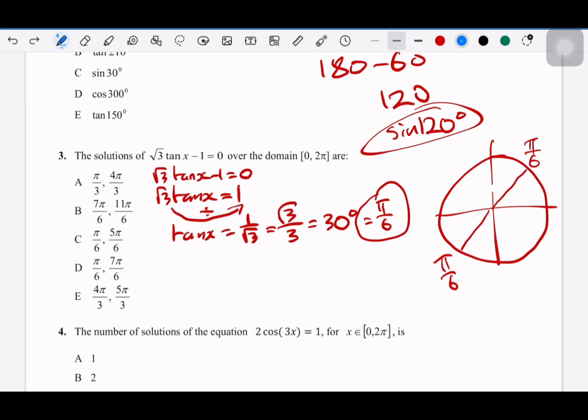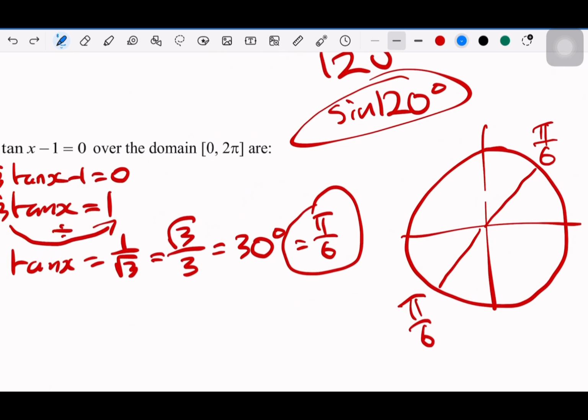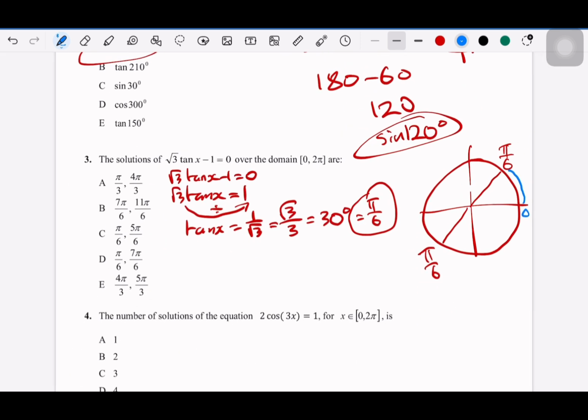You start here from 0 and you go all the way to the positive side, anti-clockwise, until you reach pi on 6. When you reach pi on 6, basically it's saying x equals 0 plus pi on 6. And that's your first answer.